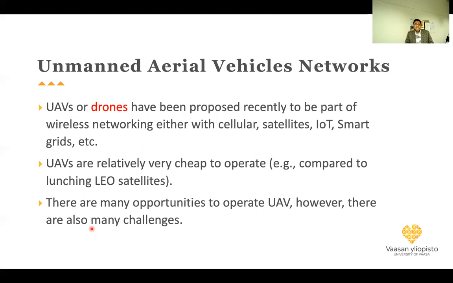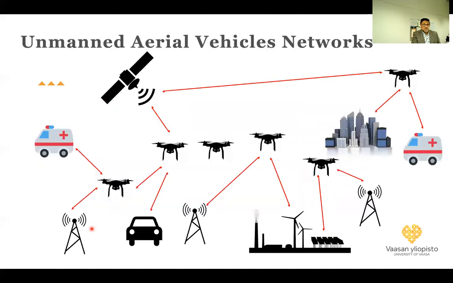There are many opportunities to operate UAVs, and these are utilized very well, but we also have a lot of challenges with UAVs. You can see here, for example, these drones. The drones could be used as a relay for the base station.